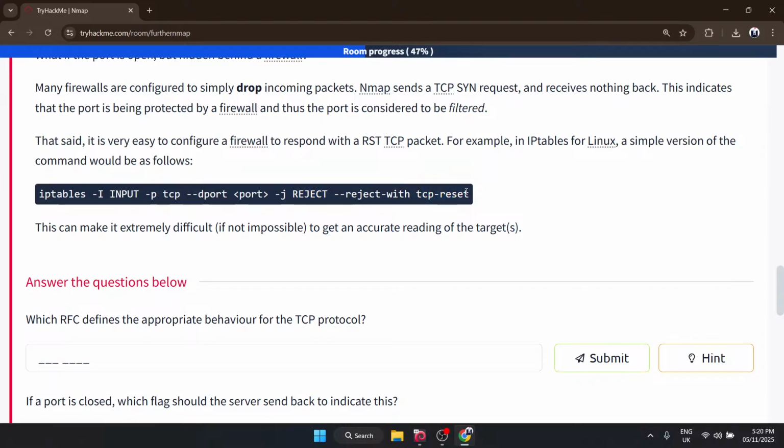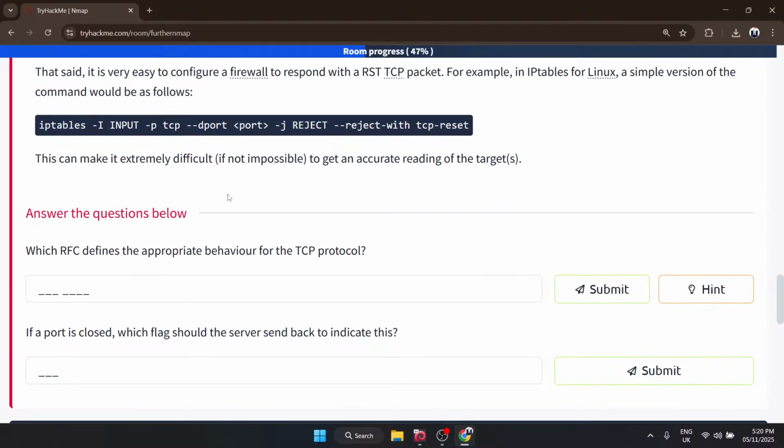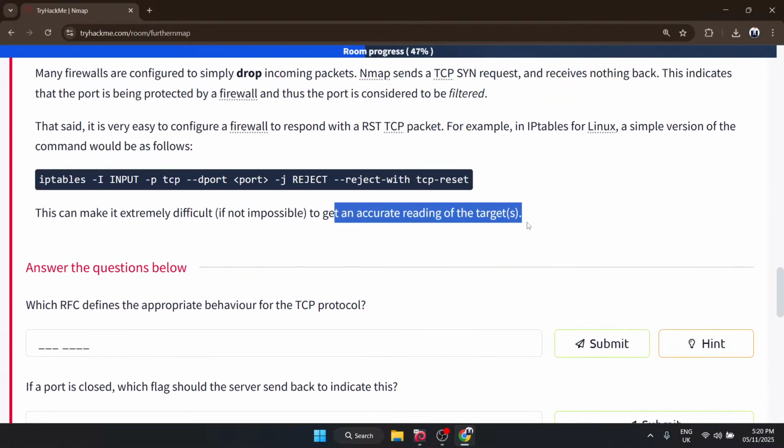It will tell our Nmap that this specific port is closed because it will be sending reset only. This can make it extremely difficult, if not impossible, to get an accurate reading of the target. Okay, so what will happen? It will be impossible to get an accurate reading of the target.